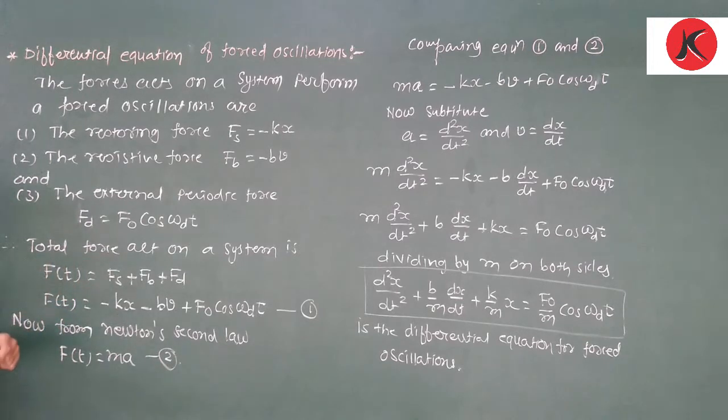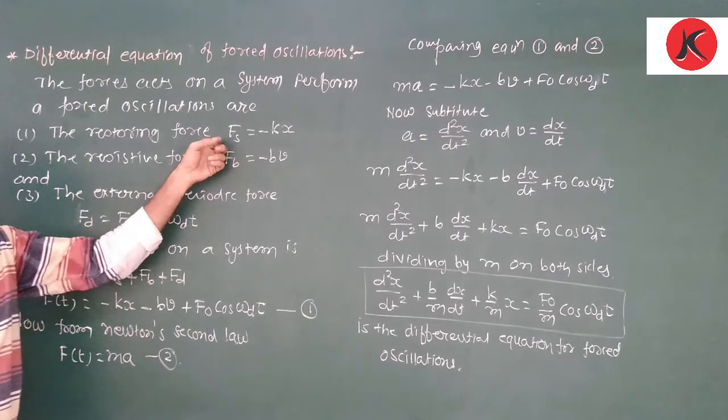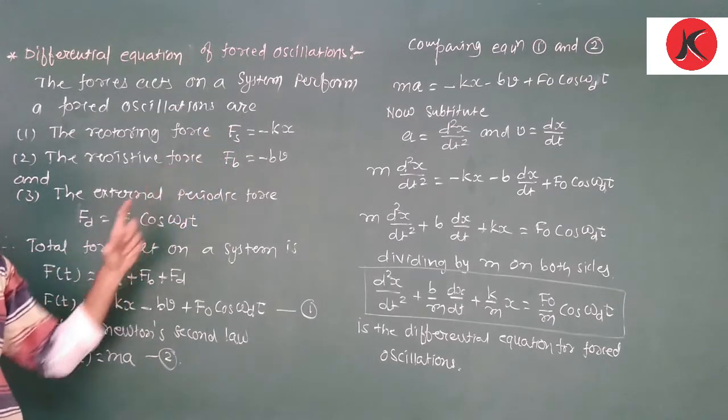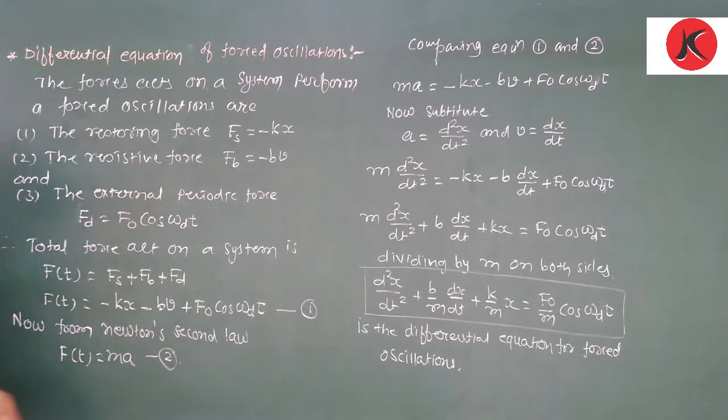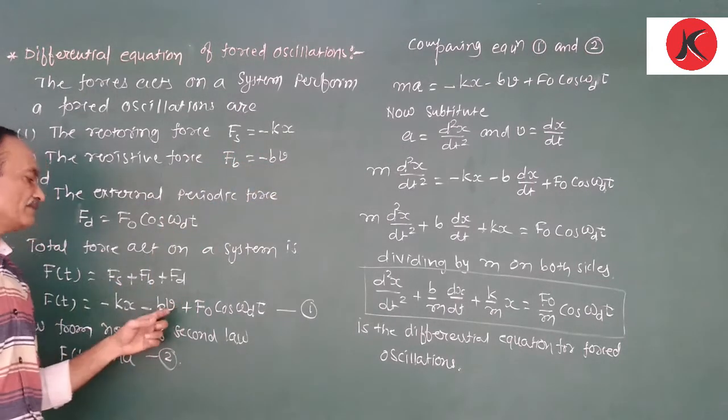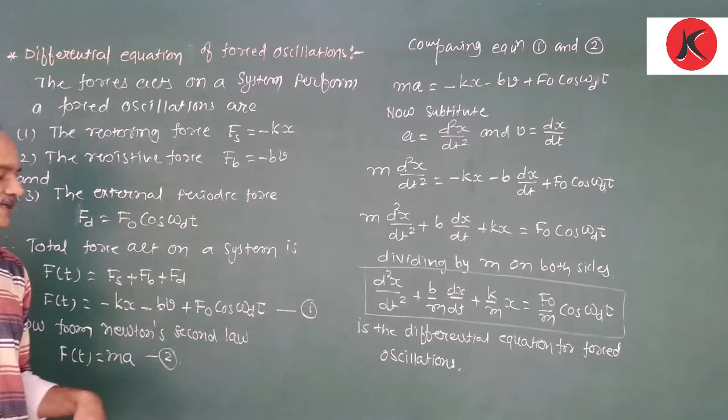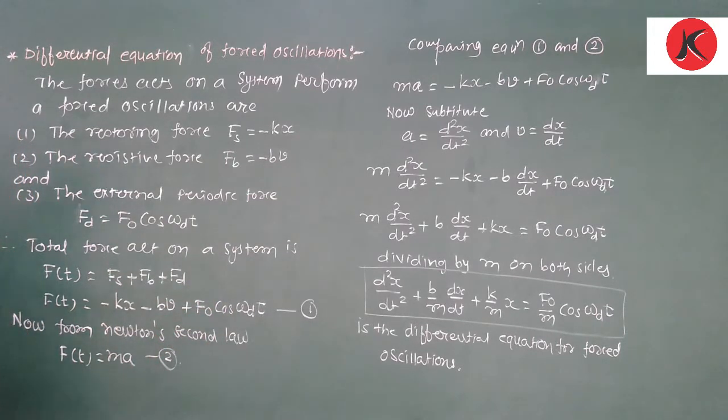Therefore, the total force acting on the system is Ft, the addition of these three forces, Fs plus Fb plus F. Clear? Therefore, Ft is equal to minus kx minus bv plus F0 cos omega d into t. Now from Newton's second law, the resultant force Ft is equal to ma.